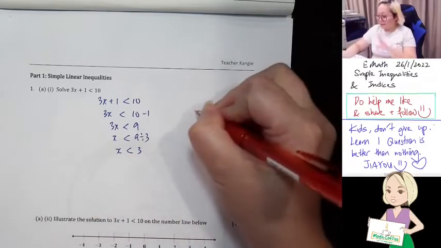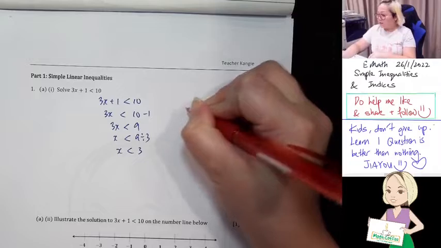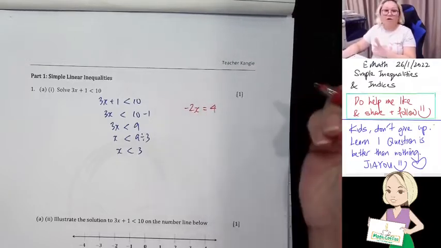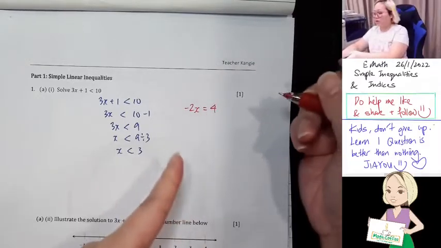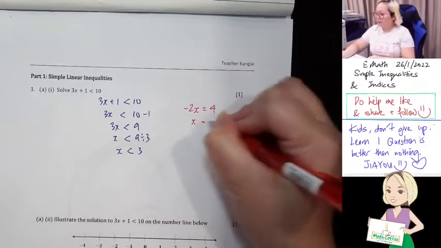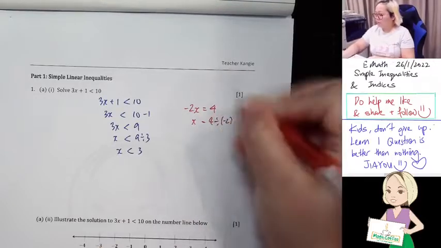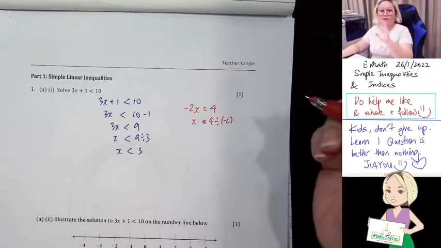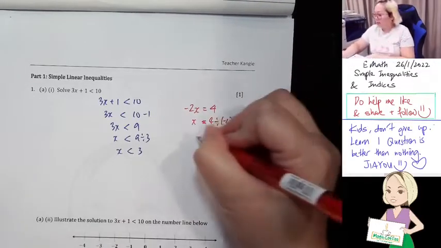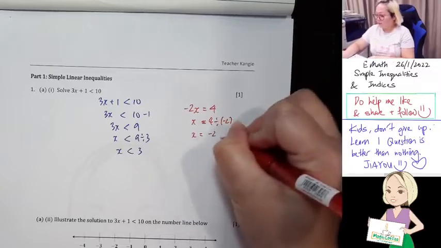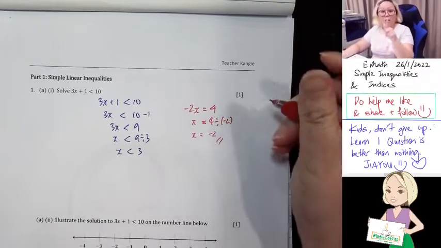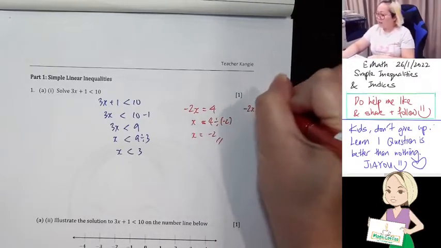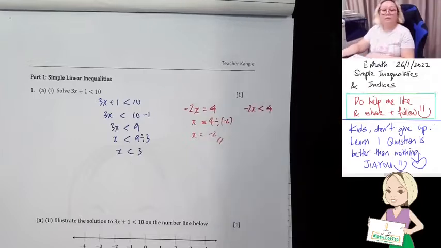Just like an example, with the red pen at the side: if today is negative 2x equals 4, this is a linear equation, correct? When I divide by negative 2, because it's an equal, it doesn't matter whether I need to switch or not. So it's just x equals negative 2. Then for inequality, negative 2x, let's say less than 4, I need to do the same thing and divide by negative 2, right?